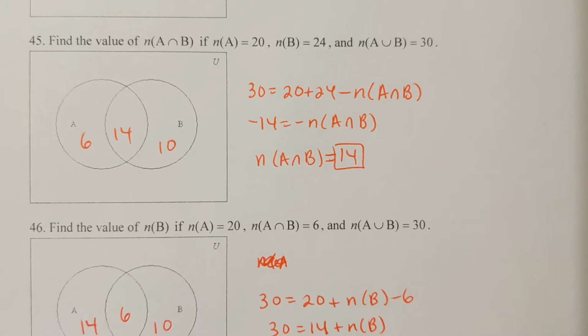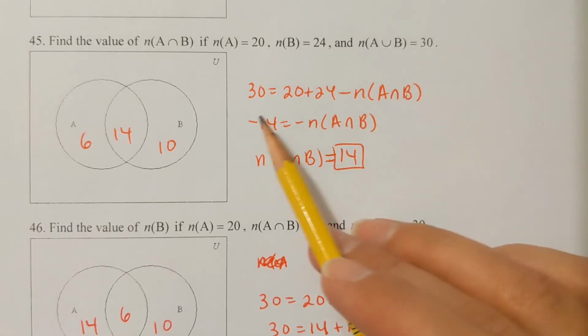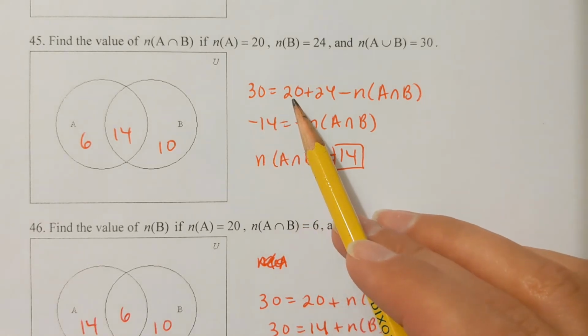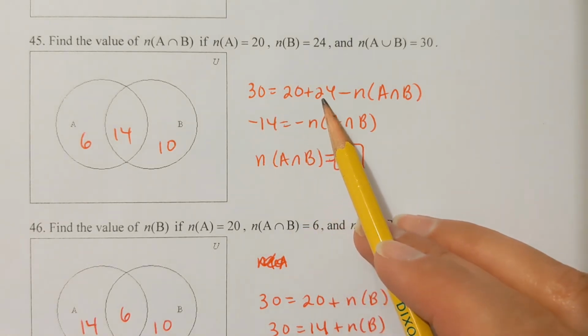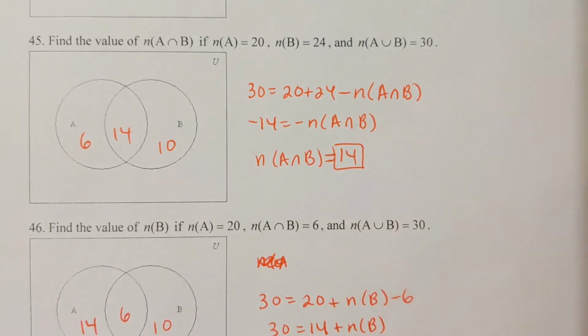Problem 45. Find the value of the cardinality of A intersect B, if the cardinality of A is 20, the cardinality of B is 24, and the cardinality of A union B is 30. Okay, so using the general addition rule, the cardinality of A union B, 30, equals the cardinality of A, that's 20, plus the cardinality of B, that's 24, minus the cardinality of A intersect B. So that's what I've got to solve for.